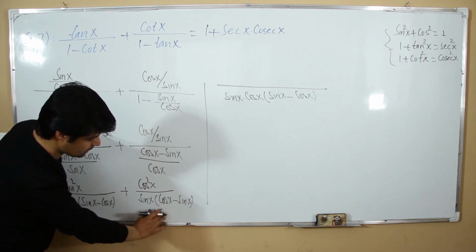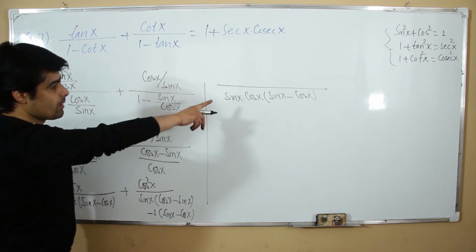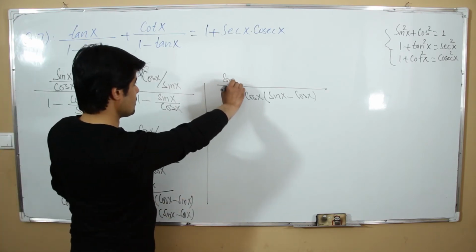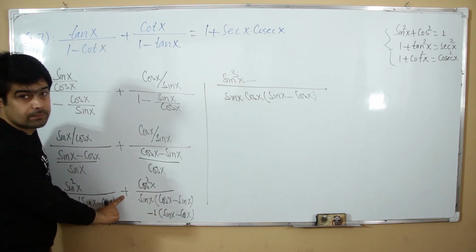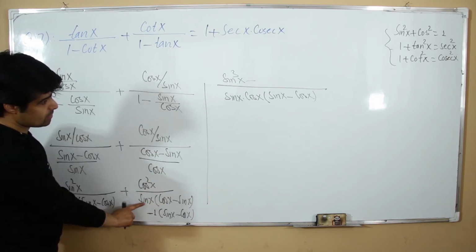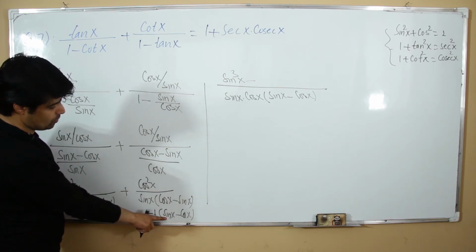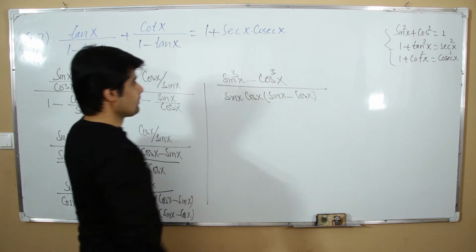This is sine x minus cosine x. Now, this one divided by this one, cosine is cancelled, sine cosine is cancelled. You will have just sine with this sine, it is sine cube x. Plus with this minus, we have minus, and this one is divided by this one, sine is cancelled, sine x cosine x is cancelled, so you will have cosine with cosine, it is cosine cube x.